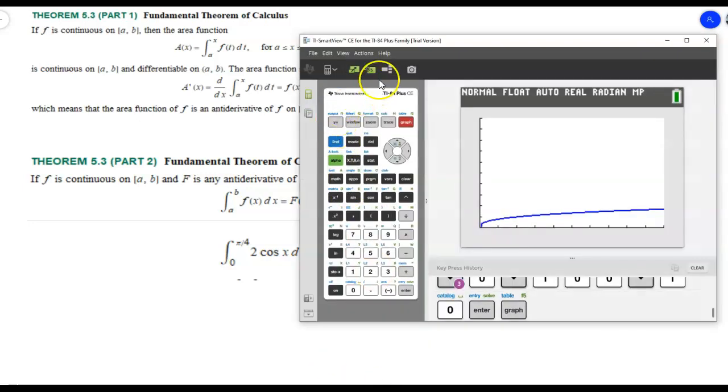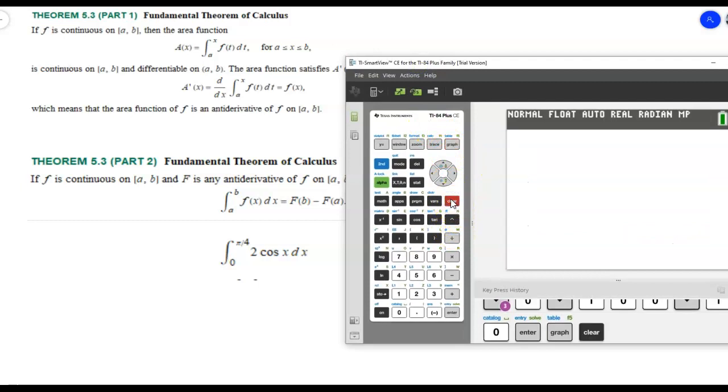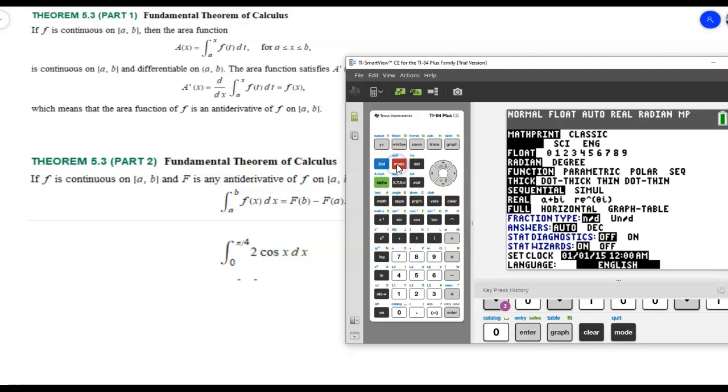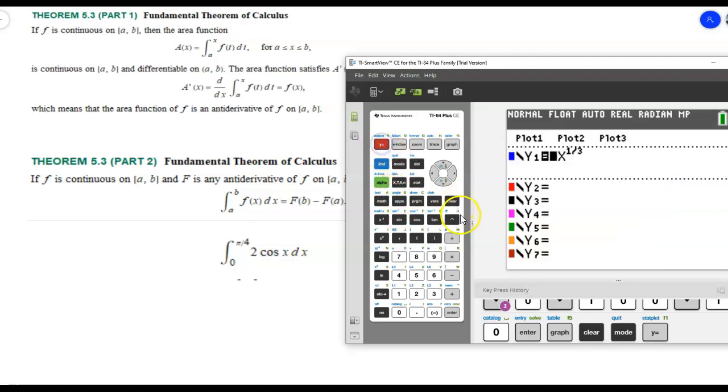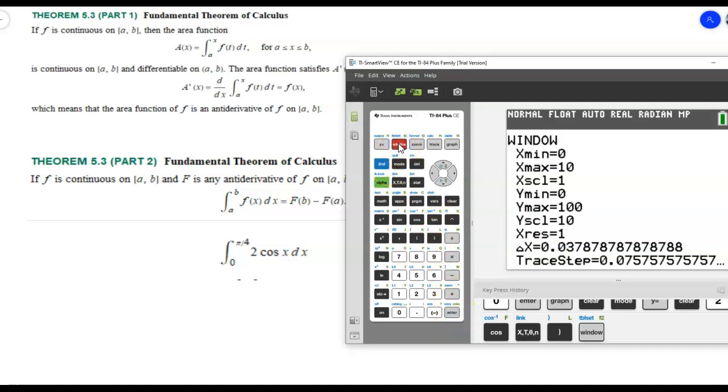All right, so let's go back to the calculator here and let's do this. Let's make sure we're in radians, which we are. We're going to change this to 2 cosine of x. And I'm actually going to change the window directly to my limits here.